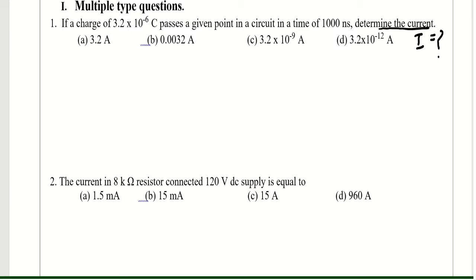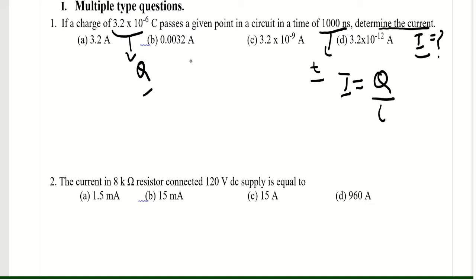Now the value of Q is given and the value of the time is given. The relation between the current, time and the charge is I equals Q over T. This is the formula, the relation between charge, current and time.